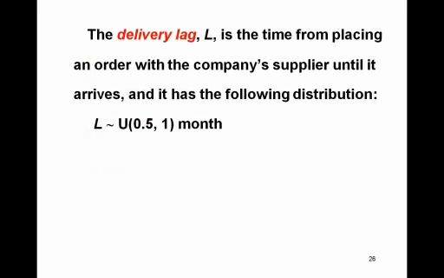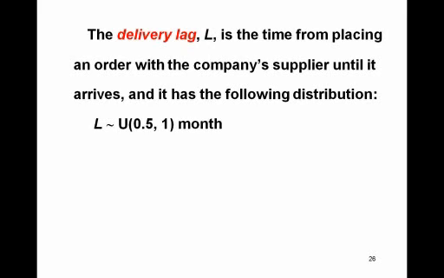Our third source of randomness is the delivery lag or lead time, capital L. This is the time from when the company places an order to the supplier until the order actually arrives at the company.